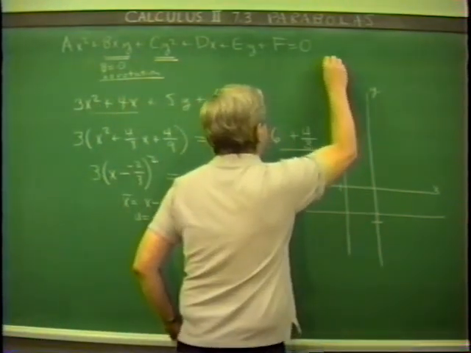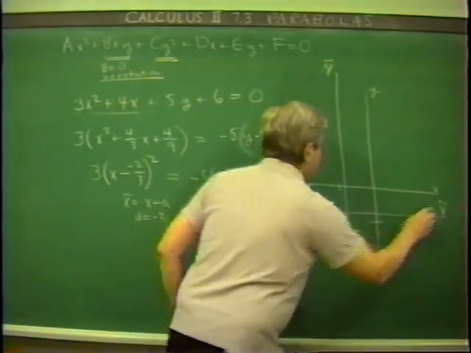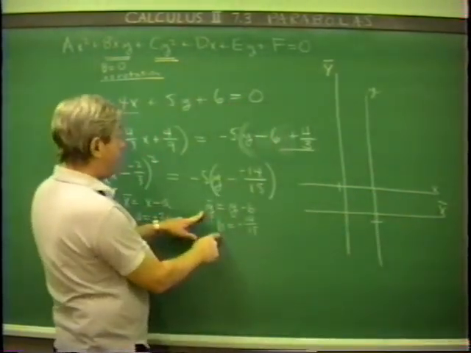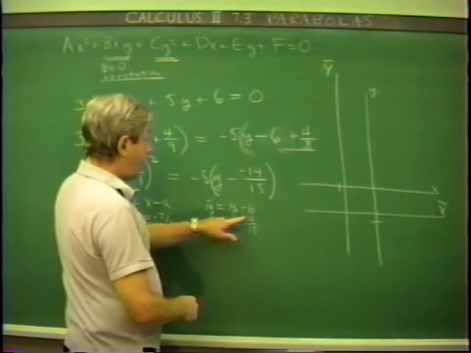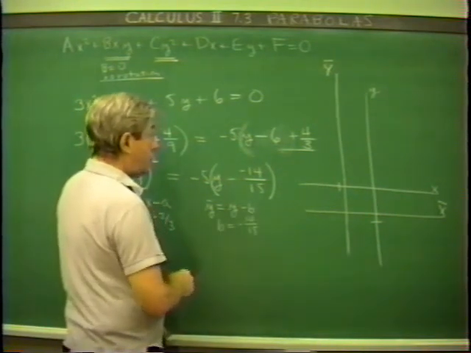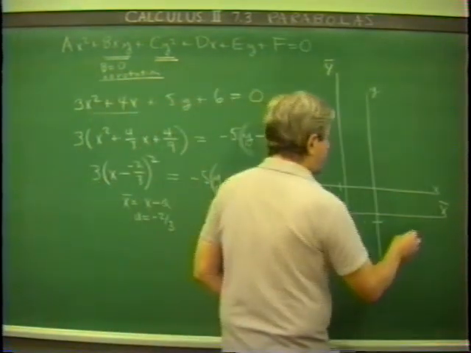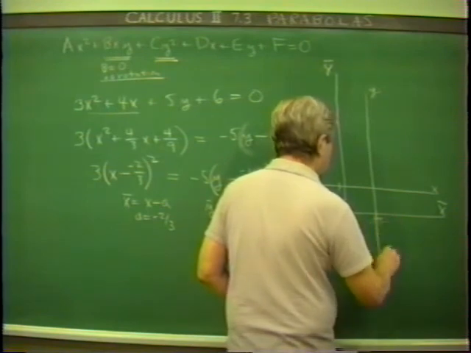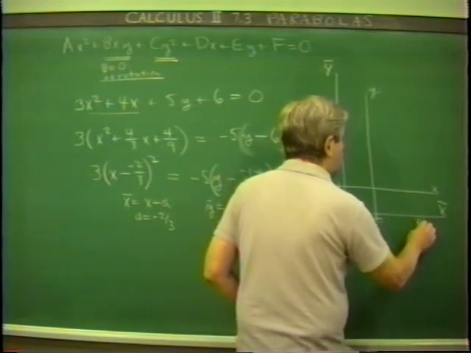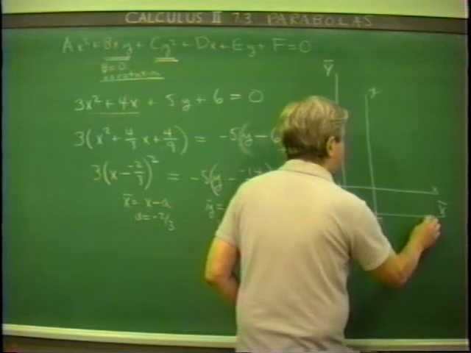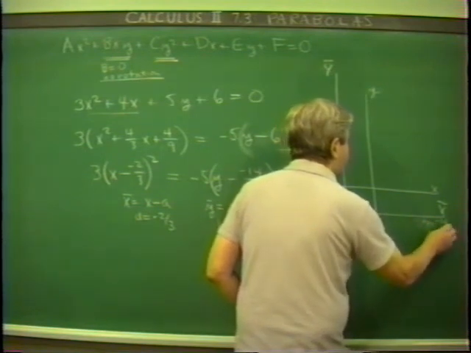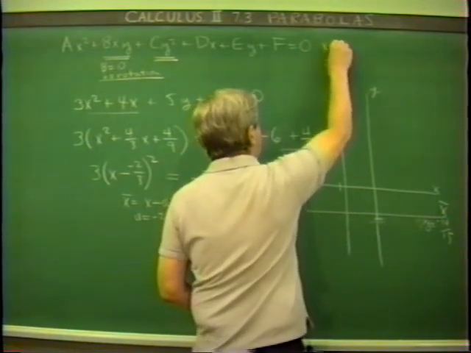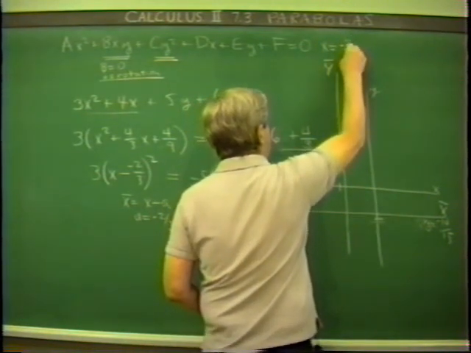This is going to be the x bar, and this is the y bar. The x bar coordinate here is going to be when y bar is equal to 0. That's to say when y is equal to minus 14/15. So this should be at minus 14/15 here. And this is the line x is equal to minus 2/3.